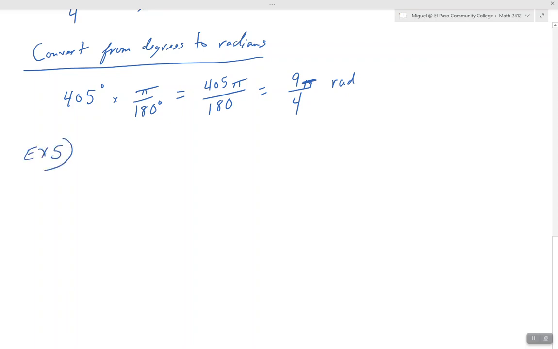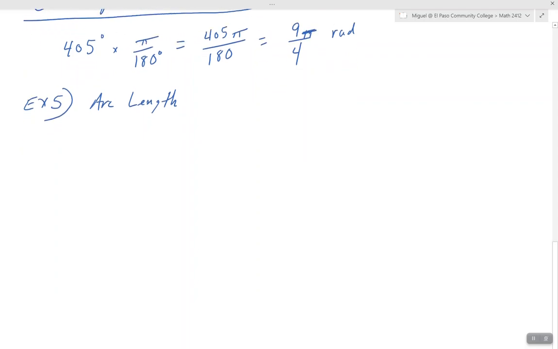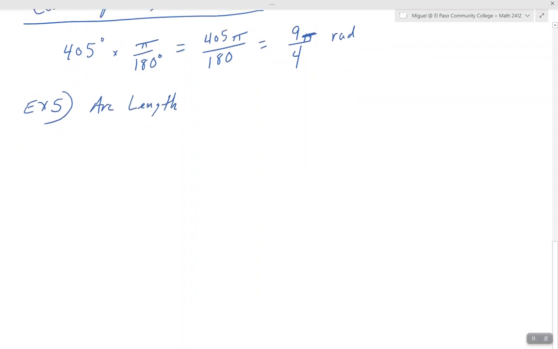This one is example 5 of the book. Arc length. Now we have a circle. Radius 4.